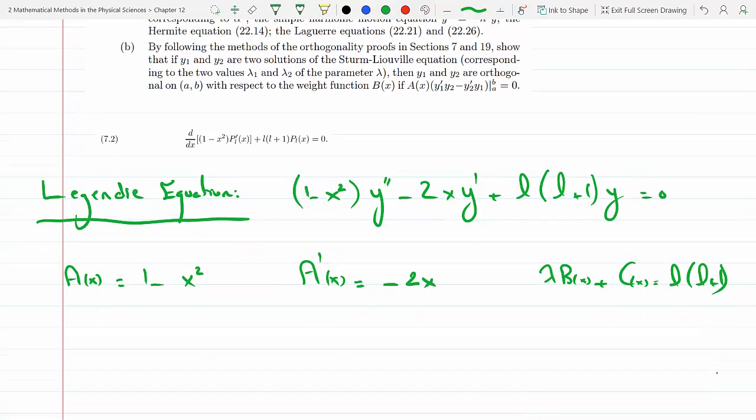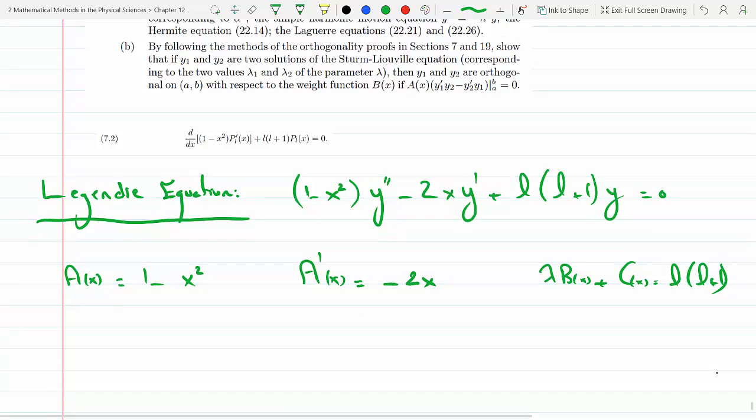So the Sturm Liouville form of the Legendre equation will indeed be d over dx of (1 minus x squared) y prime.